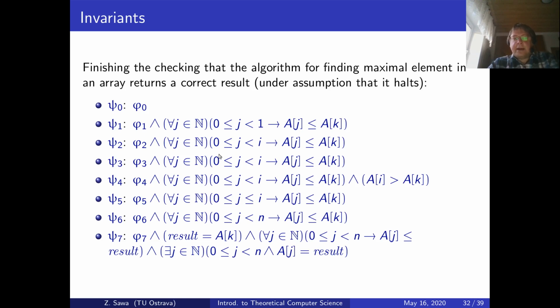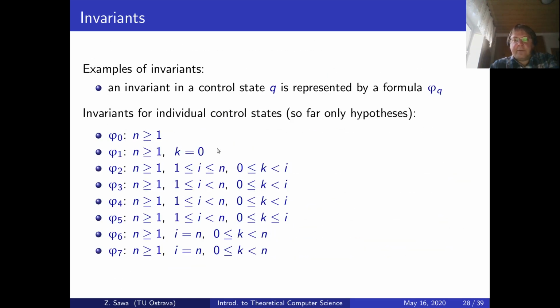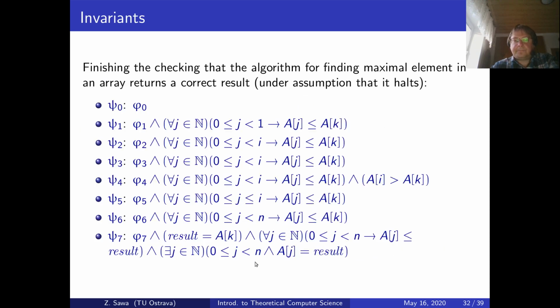Basically, it includes all these conditions like before, but we add the requirement that, for example, in these states k refers to the maximal value in the part of the array from 0 to I. Using similar arguments as before, we could check that these conditions are really true.